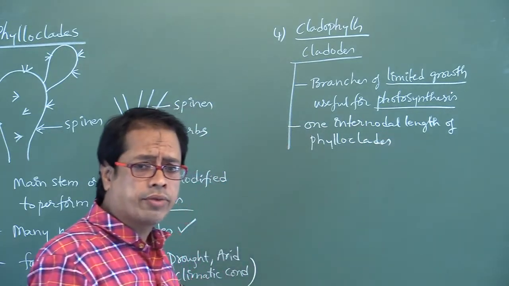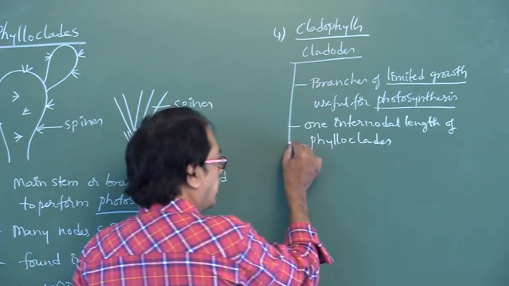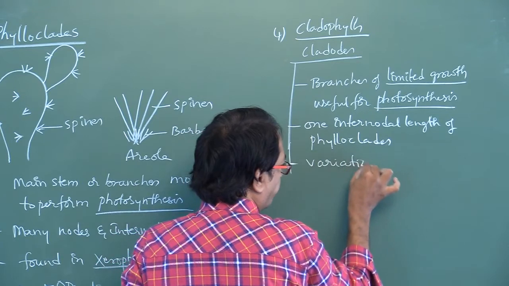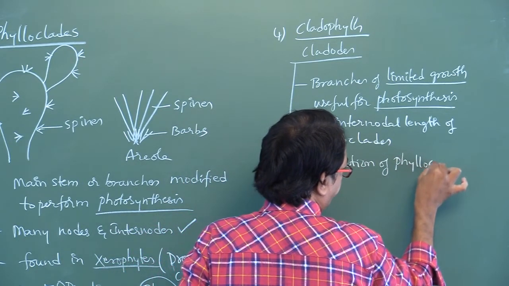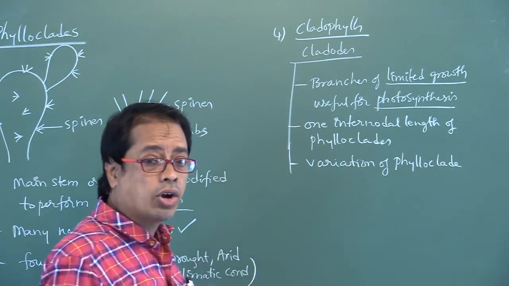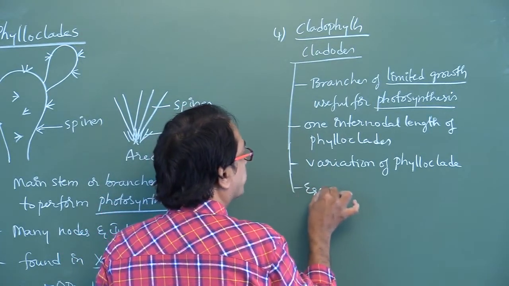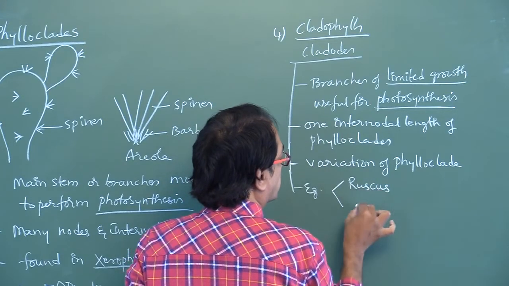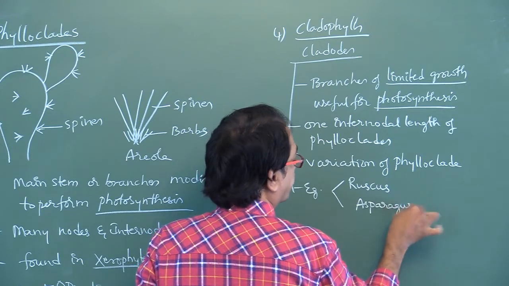One internodal length of phylloclades is called cladode or cladophyll. And next, in other words, variation of phylloclade. Variation of phylloclade is cladode or cladophyll. What are the examples? Cladophylls means one is ruscus, another one asparagus.